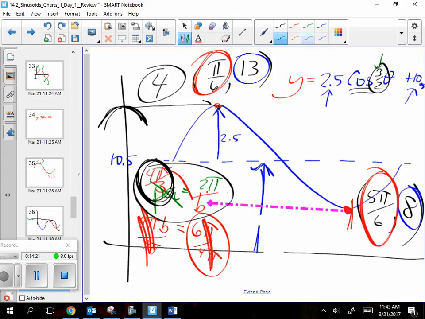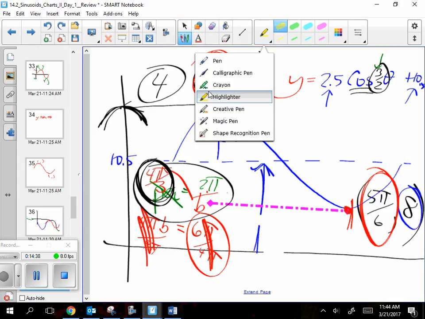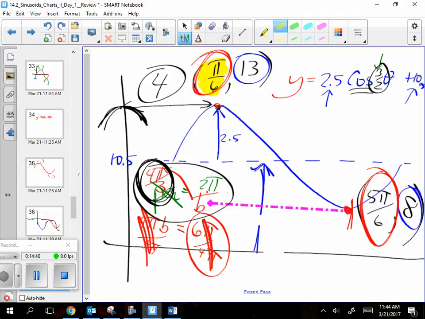It's like it's been shifted over that far. So all you got to do is say, how far is that peak from the y-axis? It's right here. That's how far over it's been shifted.